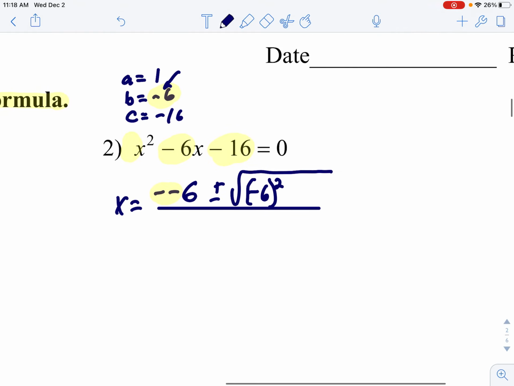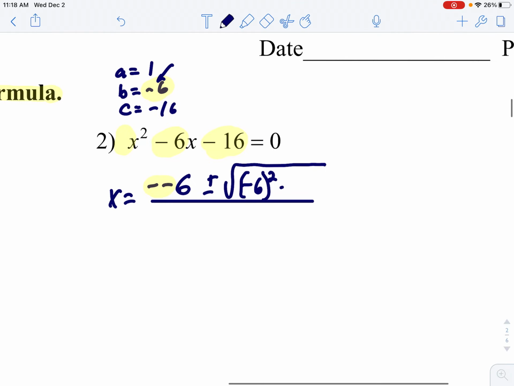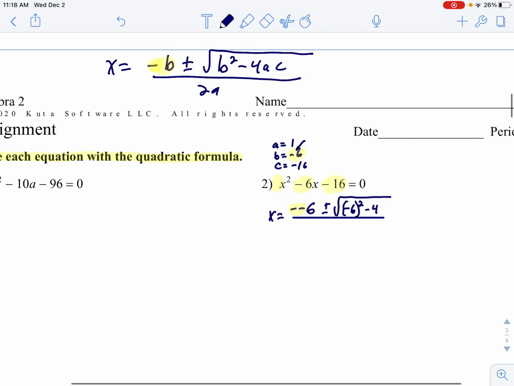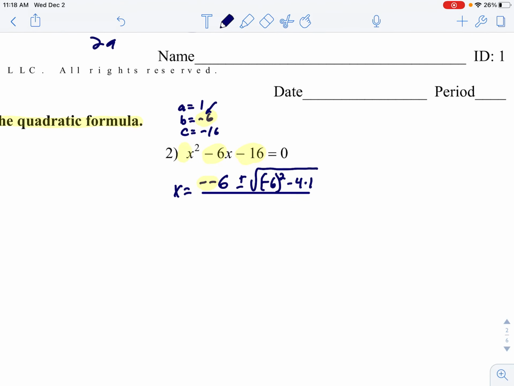My tip is, whatever that is, put it in parentheses. Minus 4ac, right? I'm up to this part of the formula, 4ac. 4 times a, that's 4 times 1, times c, that's times negative 16. Again, there's a negative there, so I'm putting that in parentheses, just so you know that it's times.